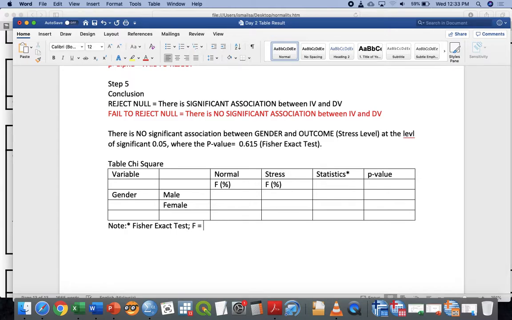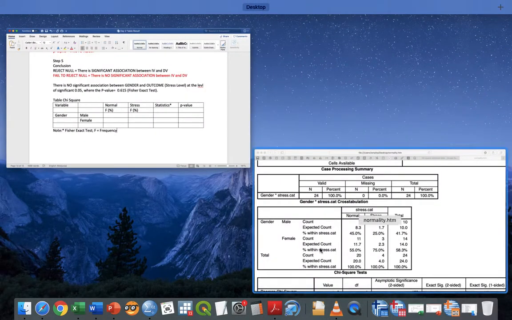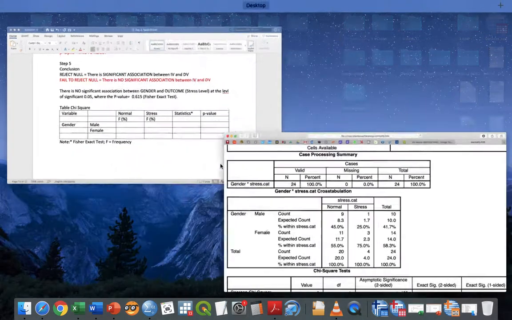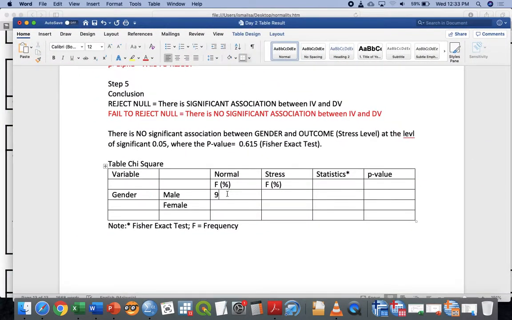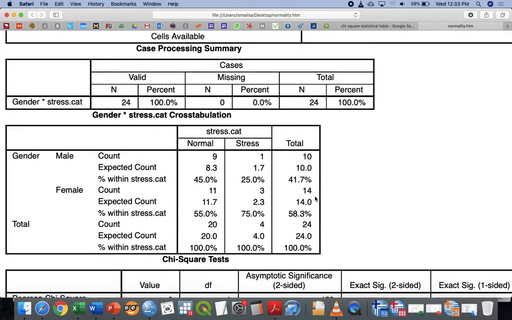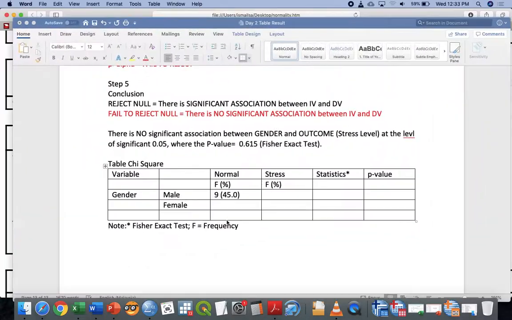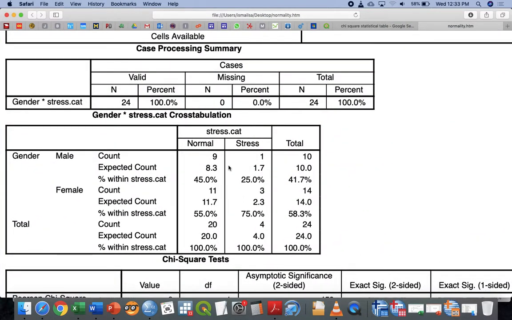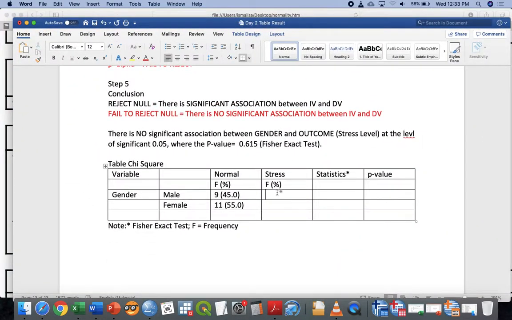So F is actually frequency, just to save some space. Therefore, you put like this: 9, 45.0. And then the next one, 11, 55.0. The next one will be 1, 25.0.